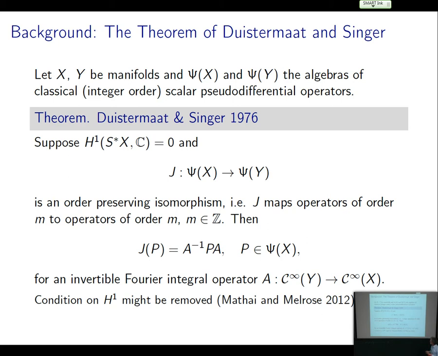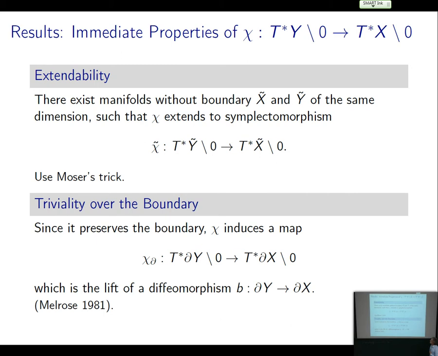Just recently, Atiyah and Merus wrote another paper on this thing, and claimed that the condition on the vanishing of the first cohomology class might be removed. But I only saw the preprint, and I didn't fully see how this was. Okay, it's probably true. Okay, there's one strange thing.